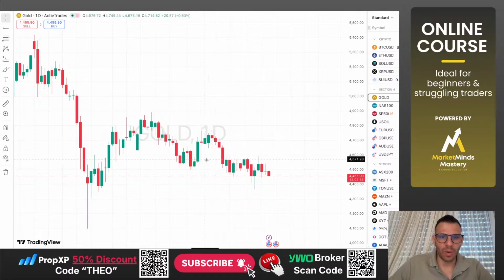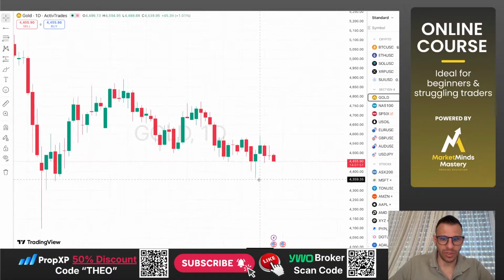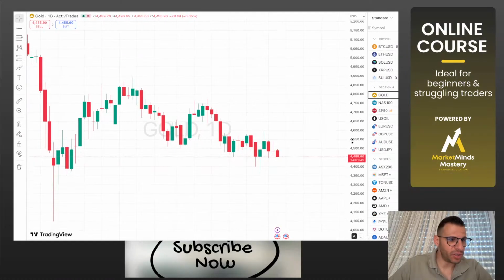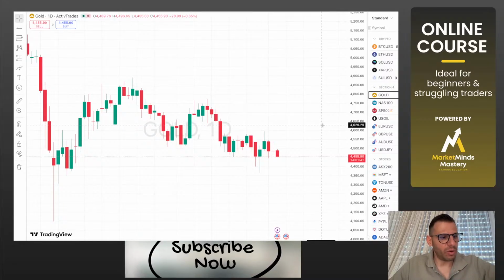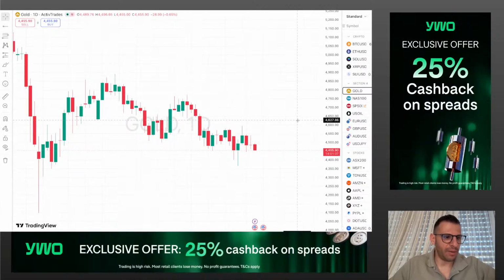First chart, we will start with the gold, and during London session I don't look at the S&P and the Nasdaq, so I prefer to focus more on gold because it usually moves better compared to other assets.